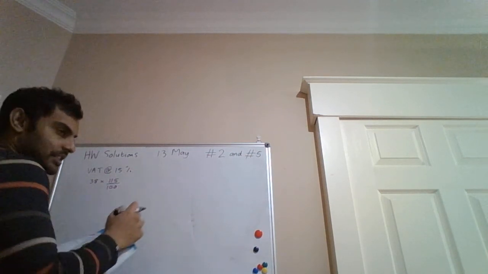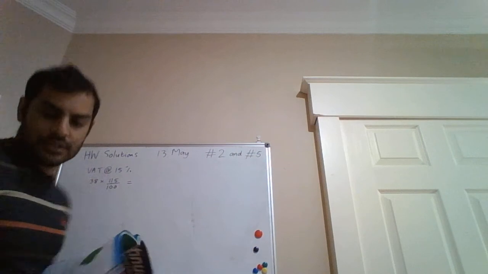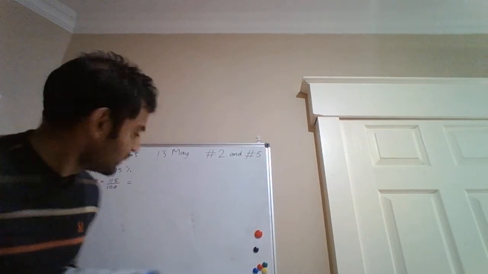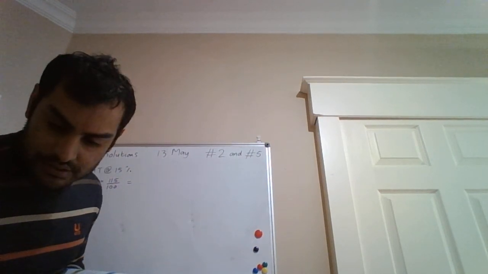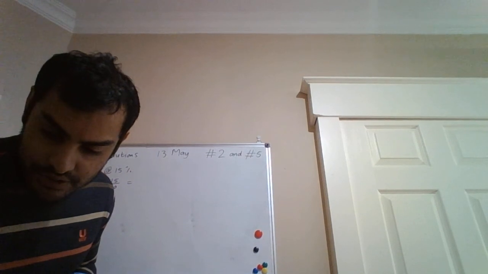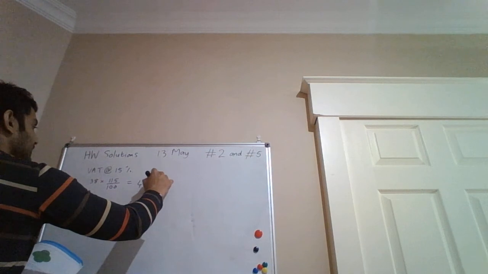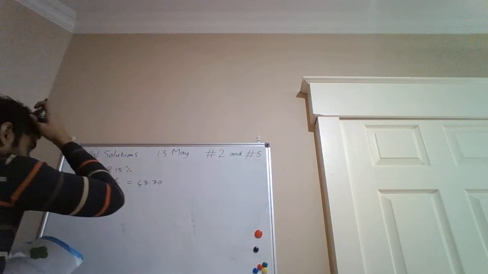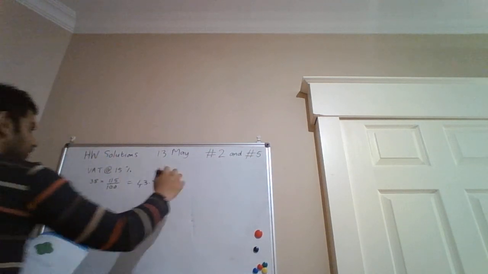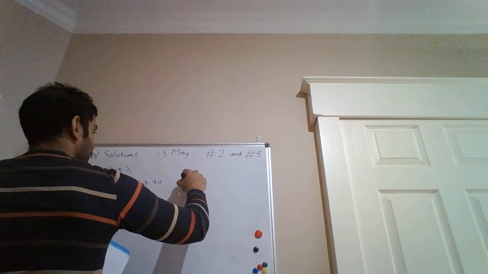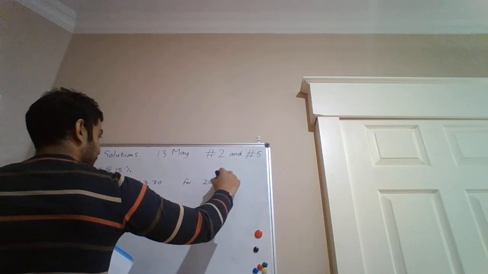So this is percentage increase. 38 times 115 over 100, and I get 43.7. Okay, so this is the cost for 20 bricks.